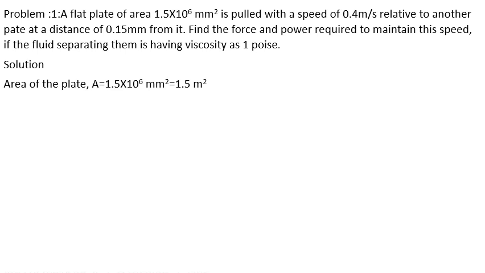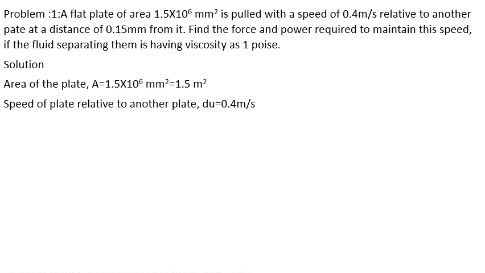First, the area of the plate is given, that is A equals 1.5 into 10 to the power 6 millimeter square, so that is equal to 1.5 meter square, and that plate is moving at a speed of 0.4 meter per second.